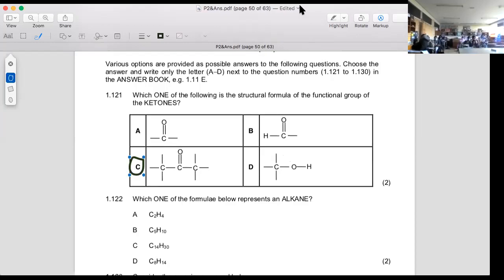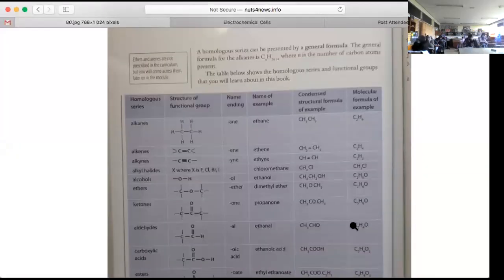But if I just stop sharing for a moment and go back to this page here, just have a look at that.